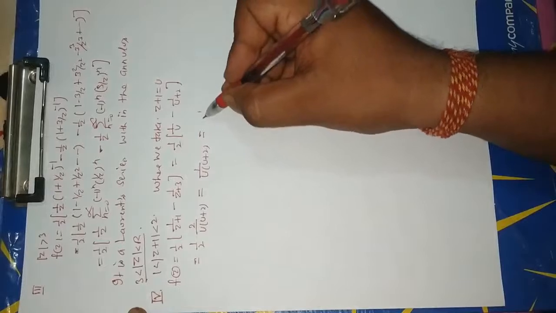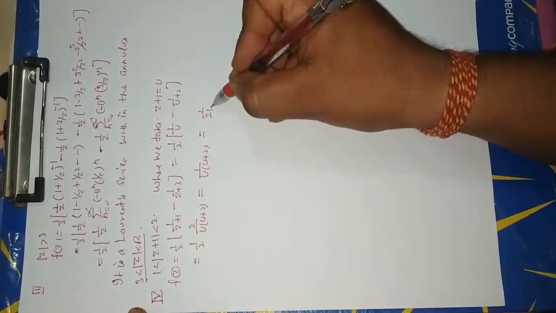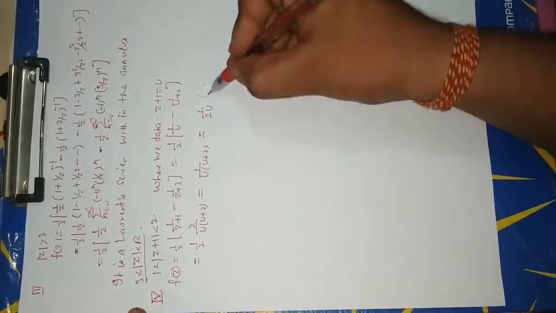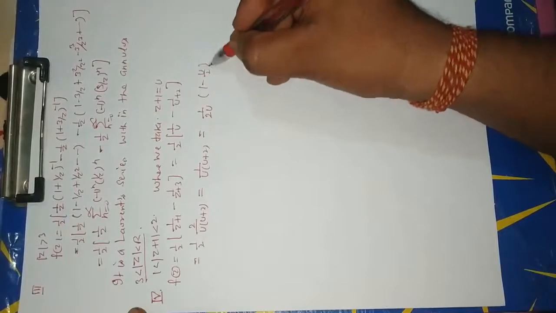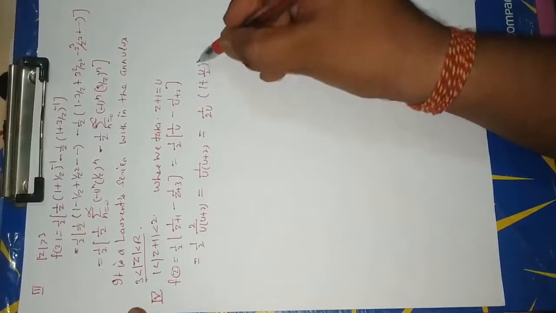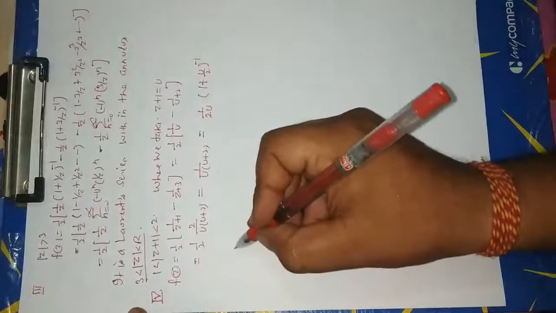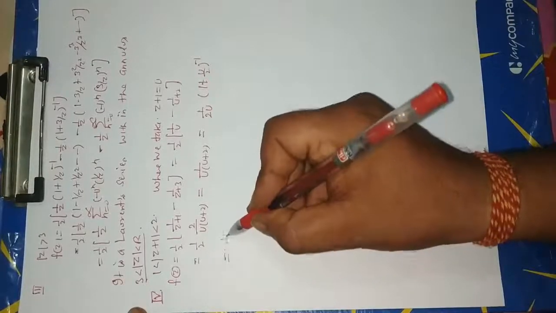This is equal to 1 upon u plus 2. 1 upon 2 is common, 2u, 1 minus u by 2 whole power minus 1. This is equal to 1 upon 2u.